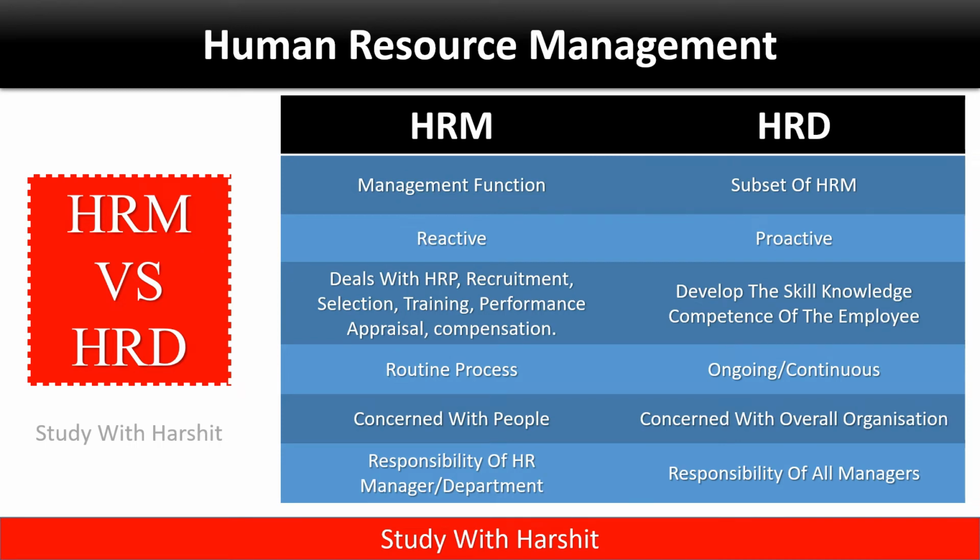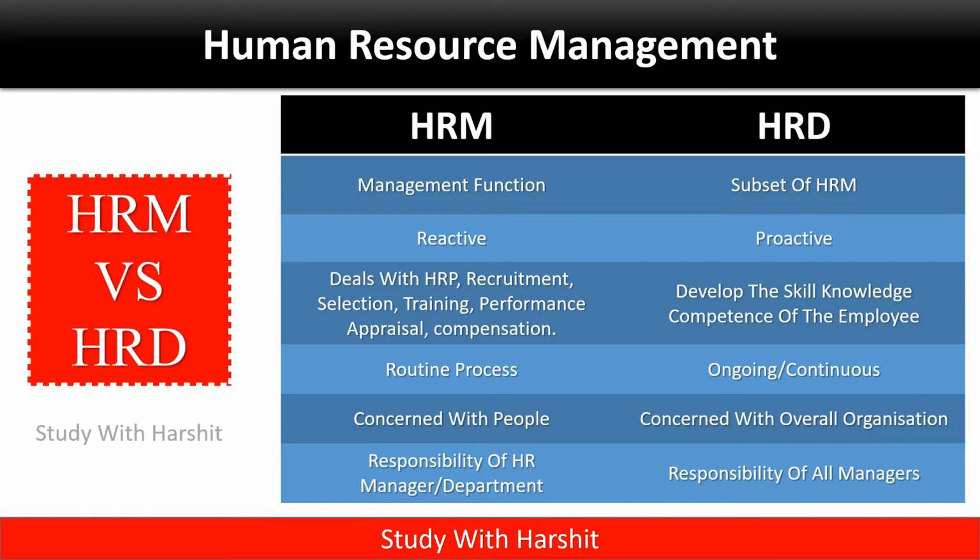Difference between HRM and HRD: human resource management versus human resource development. First of all, we focus on HRM. Management function. Reactive: deal with HRP, recruitment, selection, training, performance appraisal, compensation, routine process, concerned with people, responsibility of the HR manager department.